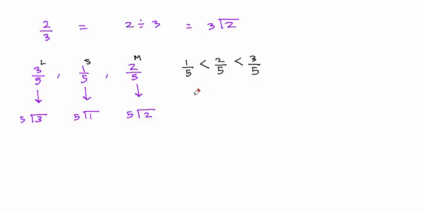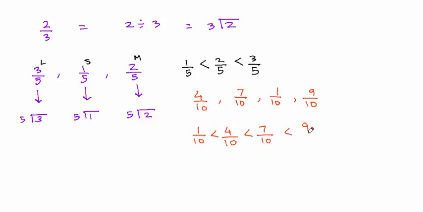Similarly, if you were to compare the fractions 4/10, 7/10, 1/10 and 9/10, they're all on the same denominators, which means in the division sentence it's the same divisor for each one, and therefore the smaller the numerator or the dividend, the smaller the fraction is. So we could say 1/10 is less than 4/10, is less than 7/10, and that's less than 9/10.